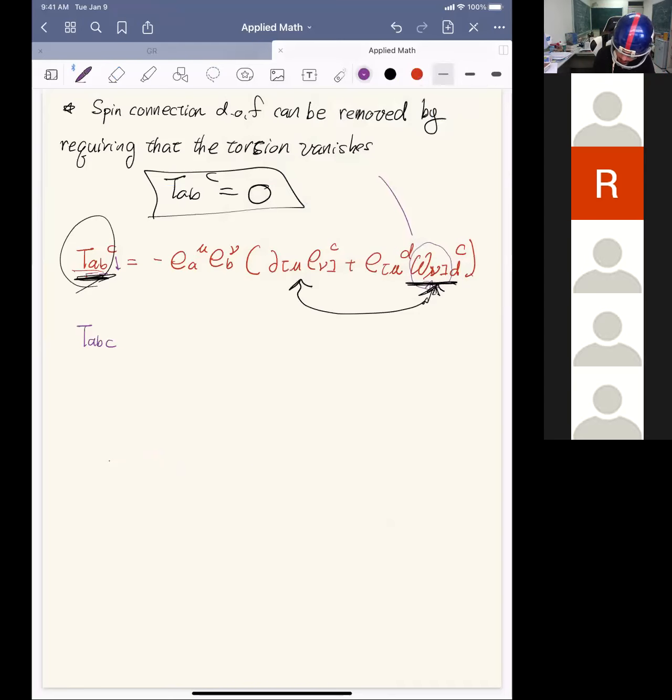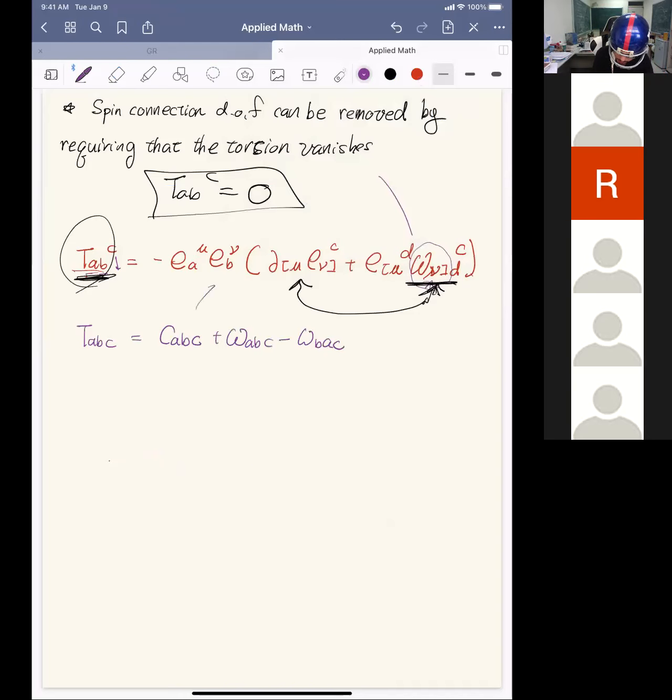So we can write T_ABC. Let me write this out. This will be C_ABC plus omega_ABC minus the other term. Let me first write this equation out.